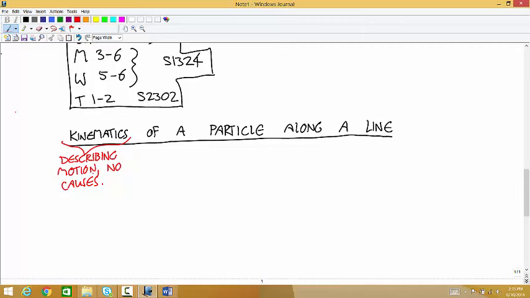A particle doesn't have to be a tiny object, but treating something like a particle just means that we're treating it as if it has no length dimensions. We're treating it like it has no length at all.